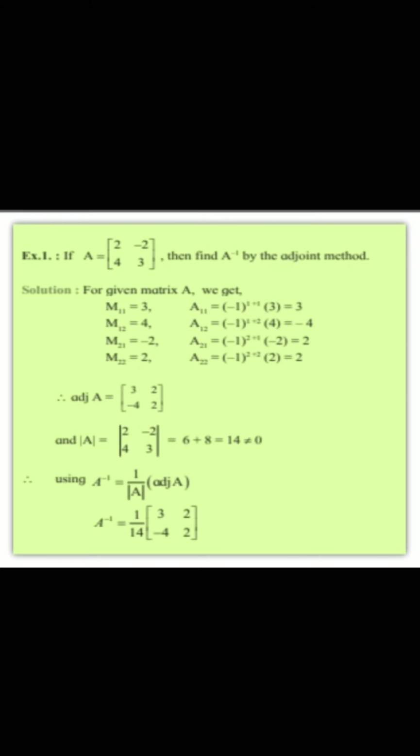Now take an example of the adjoint method to find A inverse. Example: if matrix A is equal to 2, minus 2, 4, 3, then find A inverse by the adjoint method. Solution: for the given matrix A, we get the minors M11 equal to 3, M12 equal to 4, M21 equal to minus 2, and M22 equal to 2.